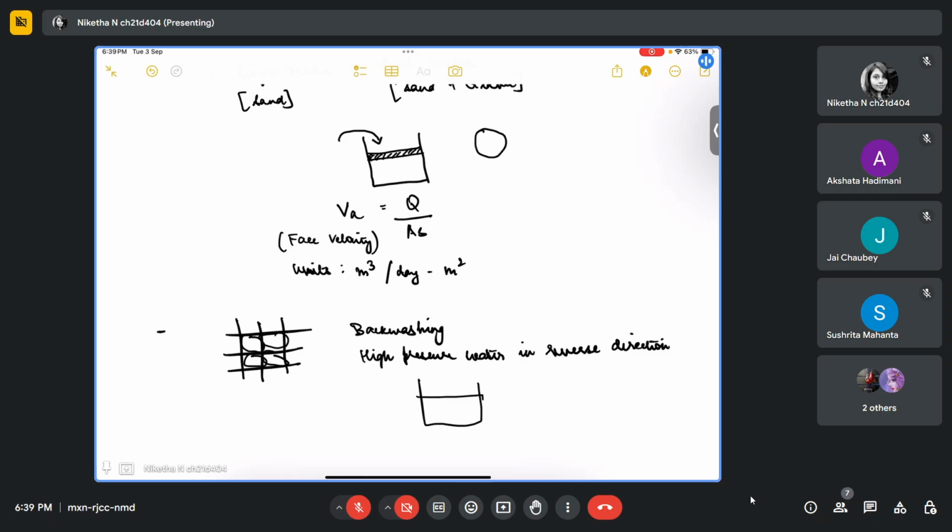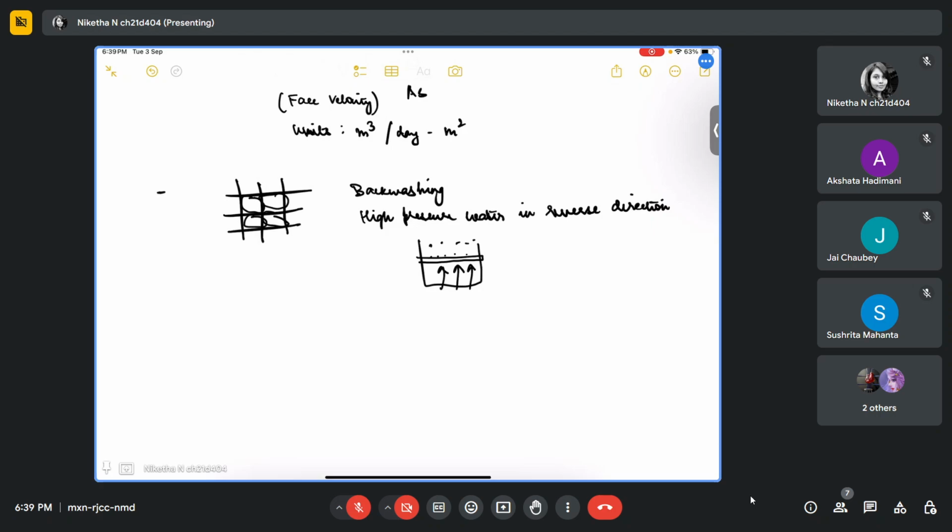Suppose you have a filter like this. From the bottom, we will apply a high force of water, so that whatever particles are clogged will come up and be removed. This backwashing needs to be done once in every 10 to 15 days.